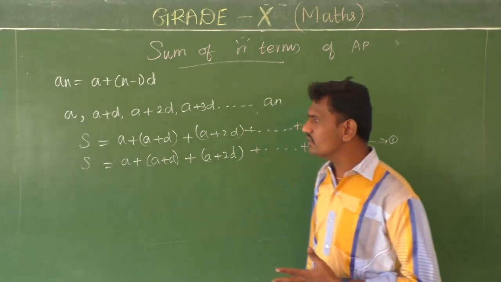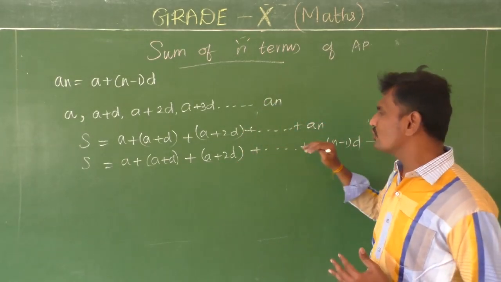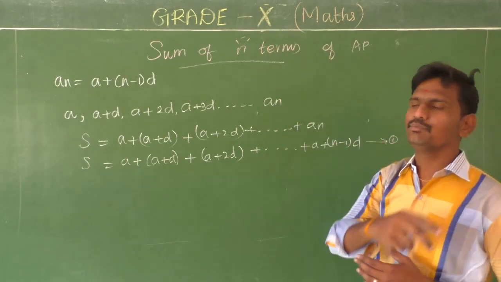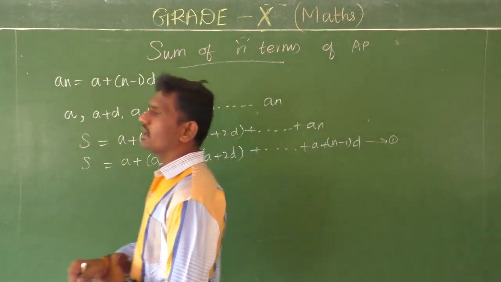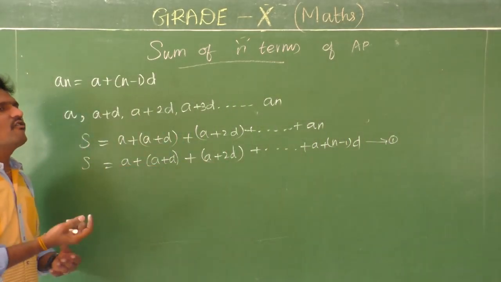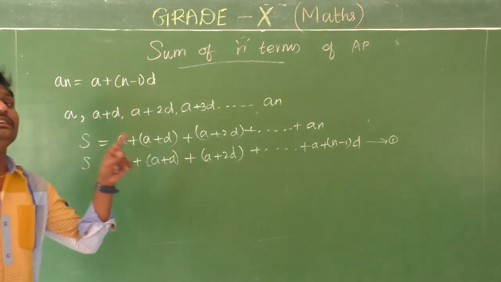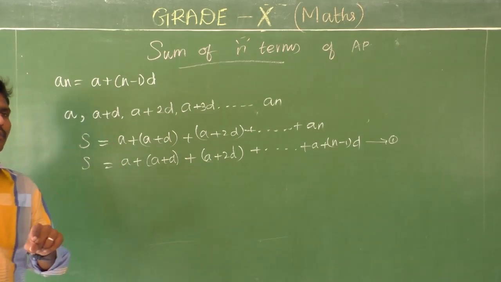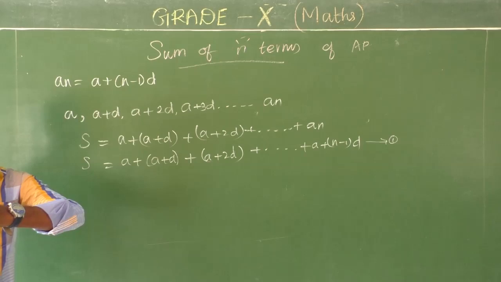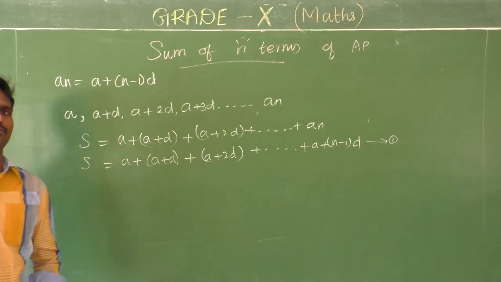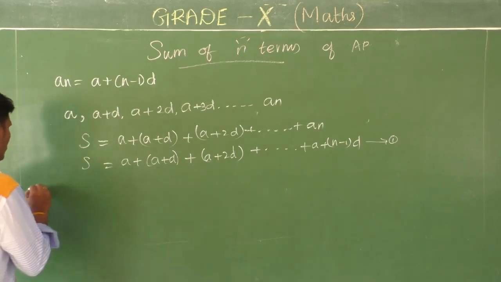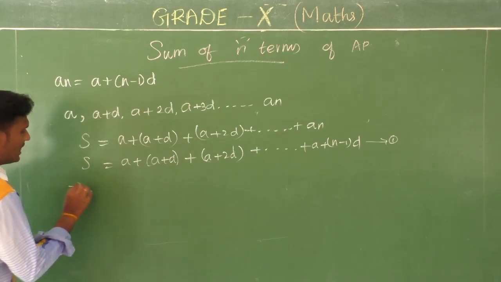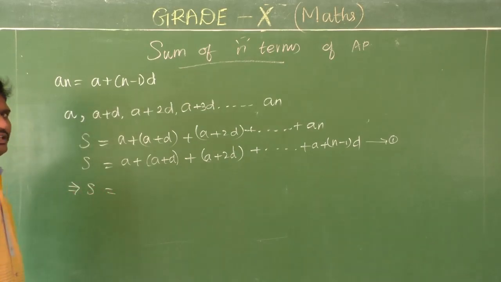Reverse of the terms means we take the last term as the first. We have already done a sum like that, finding the 17th term from the end. The last term we consider as the first term. Now taking the reverse, that also gives S, the sum of the terms of that sequence.